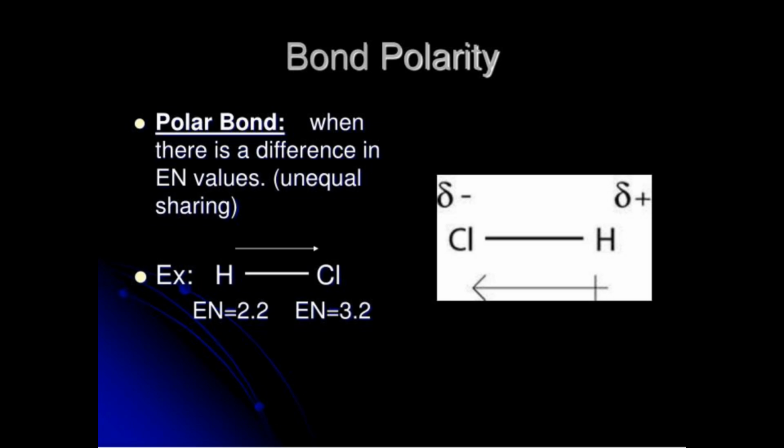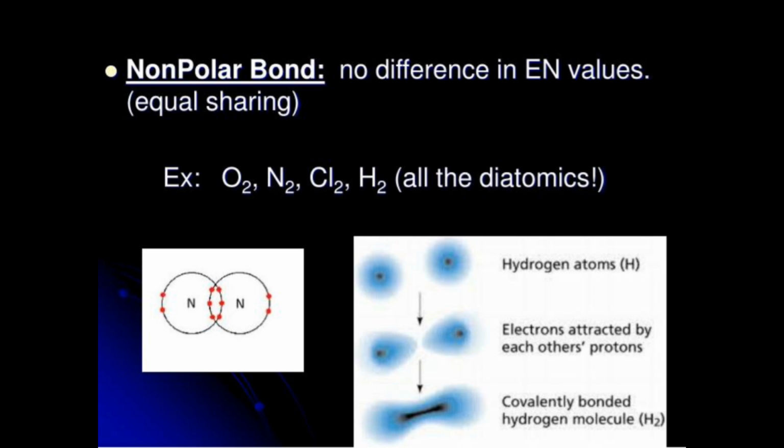So in terms of polarity, you can have polar covalent bonds and non-polar covalent bonds. Please take note of that. And a non-polar bond is usually between diatomic elements.